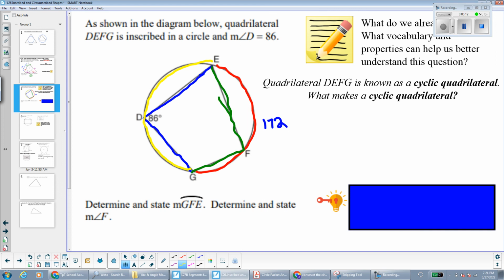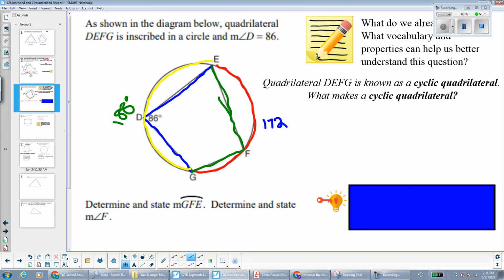We know that all the arcs in a circle add to 360. So if we already know that the arc in red, GFE, is 172, we can do 360 minus 172, and I got 188 degrees for arc GDE.